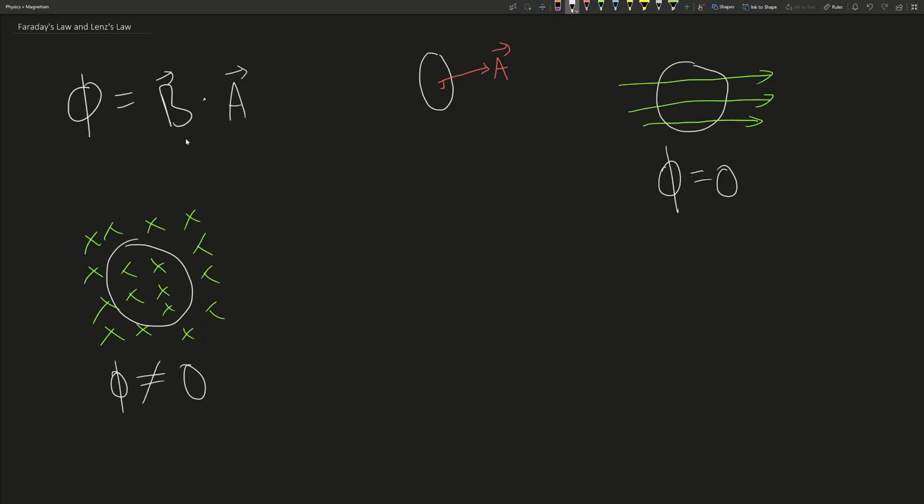Now, we can examine how a change in flux causes EMF to be induced in a loop. That comes from Faraday's law.